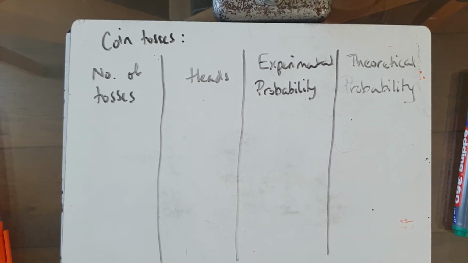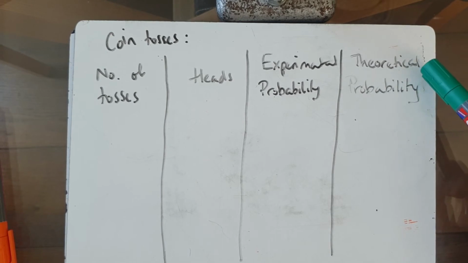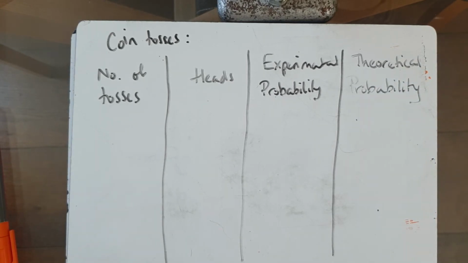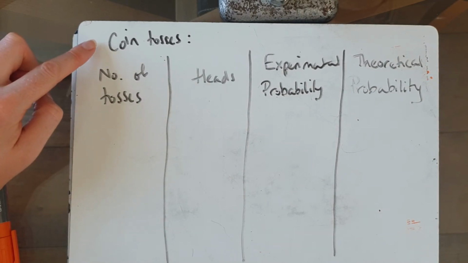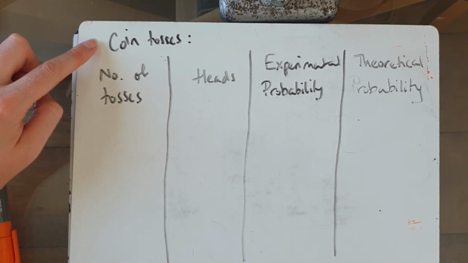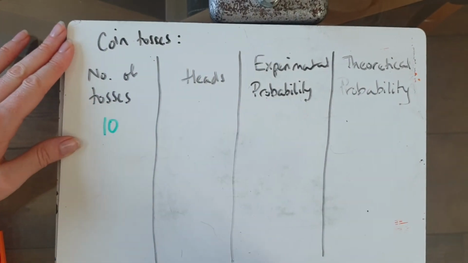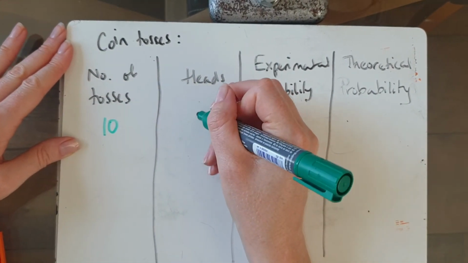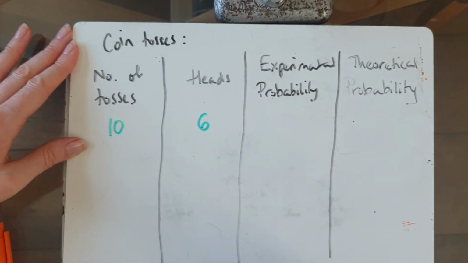So we've talked about experimental probability, and we should also mention theoretical probability. So let's say we were going to record the outcomes of tossing a coin. And let's say we were going to toss that coin 10 times. Now we could do that and it would land on heads. Let's say it landed on heads 6 times.